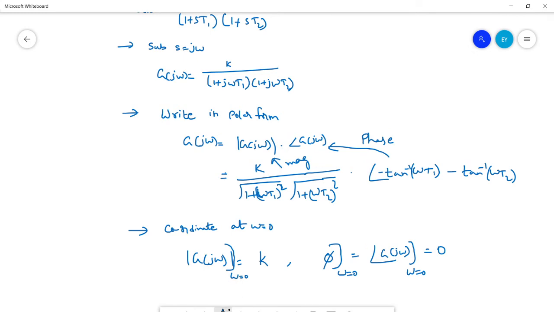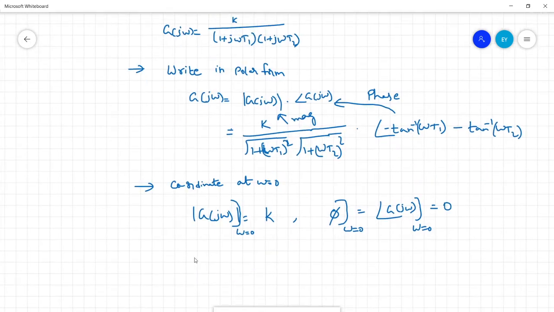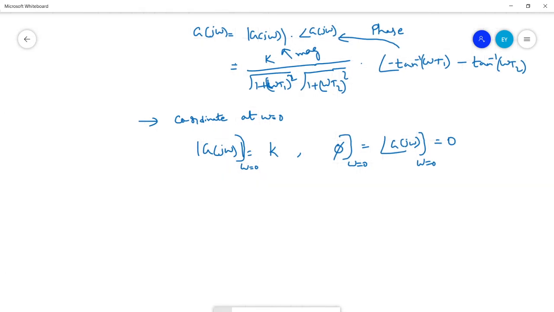Now the next step is the coordinate at ω equal to infinity, since it starts at 0 and ends at infinity. So G(jω) at ω equal to infinity: if you substitute infinity in the denominator, infinity plus 1 is nothing but infinity.